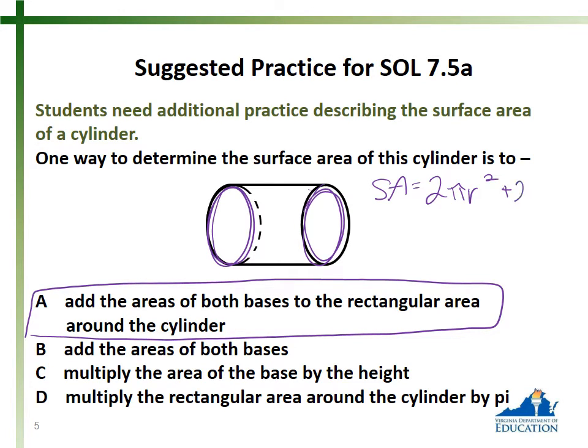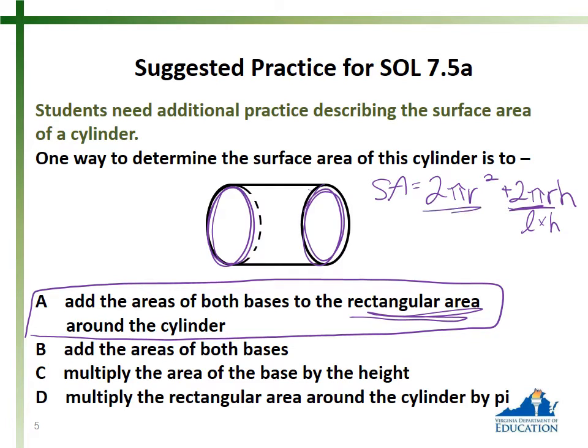And so if I was going to keep writing this out, 2 times pi times radius times height. And so I can see right here, 2 pi r is the same as the length, times the height of our cylinder. Same as the length times width gives us the rectangular area.